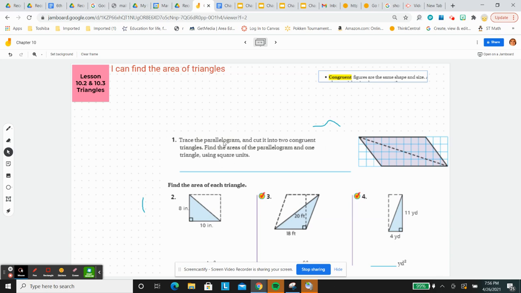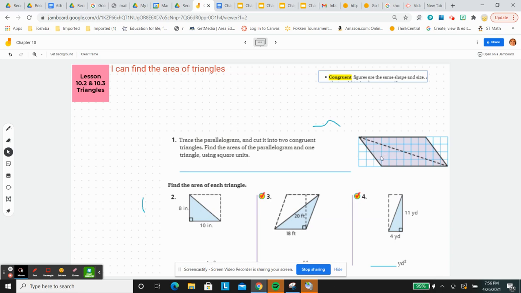Okay? So I want to take a look at this shape right here that I'm pointing to with the pointer. This is a parallelogram, which we just figured out how to find the area for by finding the base times the height. So this particular parallelogram, if I cut it across the dotted line here on the diagonal, becomes two triangles, and they are two congruent triangles.